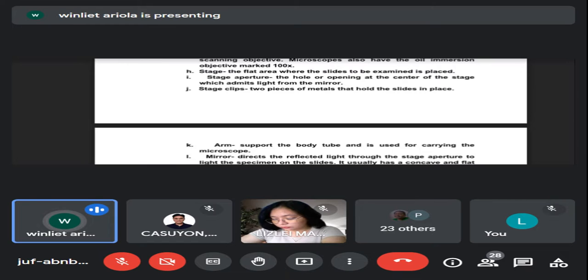So next, we have the stage clips. So it holds the slides in place. So para hindi mahulog yung slides ninyo kahit na you will move your microscope, 'di ba? Minsan you invert, hindi naman totally invert it, but binibend natin ng kaunti ang microscope, especially kapag ang microscope ninyo kailangan ay walang ano, you know, 'di ba yung ibang microscope meron silang switch on and off para magkaroon ng ilaw.